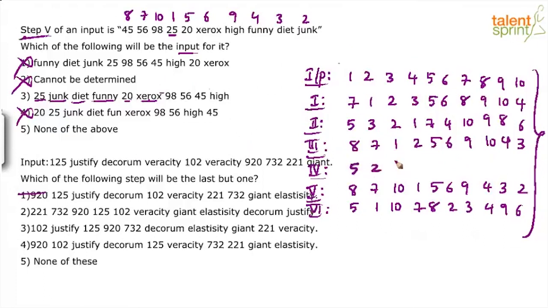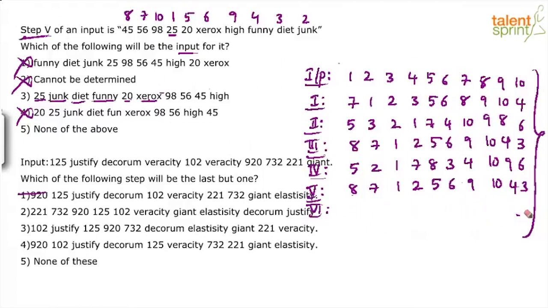So 5, 2, 1, 7, 8, 3, 4, 10, 9, 6. Look at the next step. 8, 7, 1, 2, 5, 6, 9, 10, 4, 3. And the last one here, 5, 2, 1, 7, 8, and we have 3, 4, 10, 9, 6.